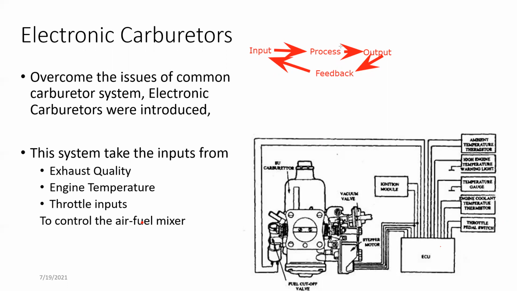If there's any problem in the carburetor, we don't know. So to fix that, carburetors were included with an electronic control module. Now, have you seen or heard of these sort of carburetors?